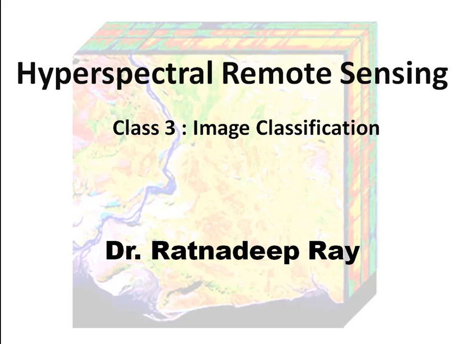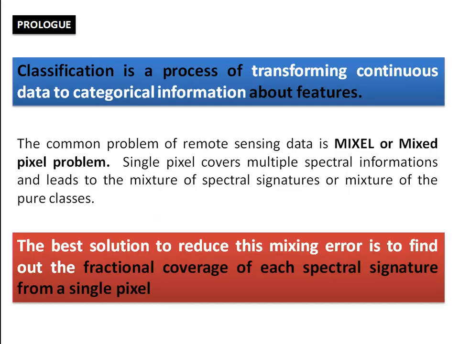Image classification is a very common technique in digital image processing, but this classification scheme varies from image to image. In the case of hyperspectral remote sensing, the image processing technique is quite different from the multispectral classification technique, or any other kind of remote sensing technique.